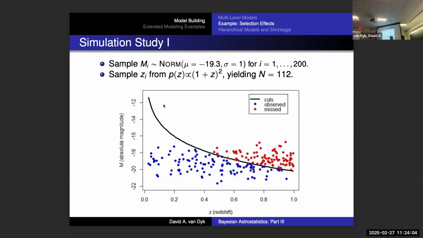The black line is the f of Z. I observe the supernovas if their magnitude is below the line, and I don't observe them if they're above the line. And so what I'm going to do is see how these algorithms work.